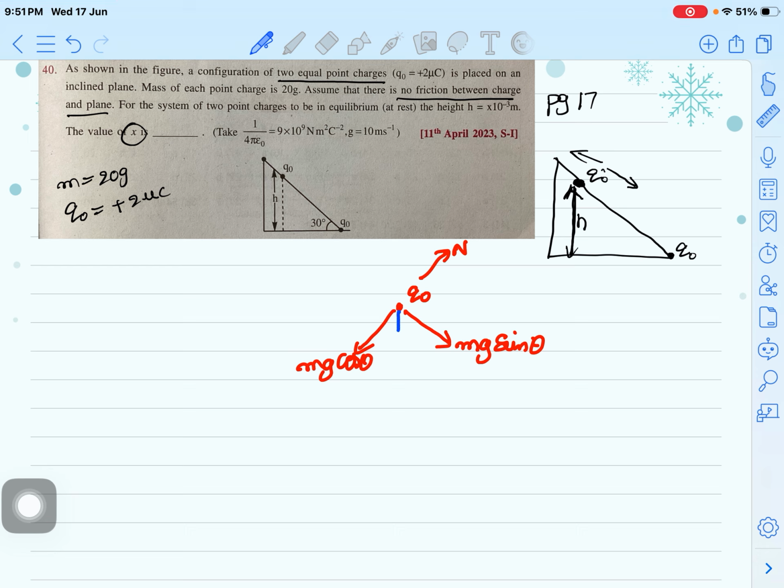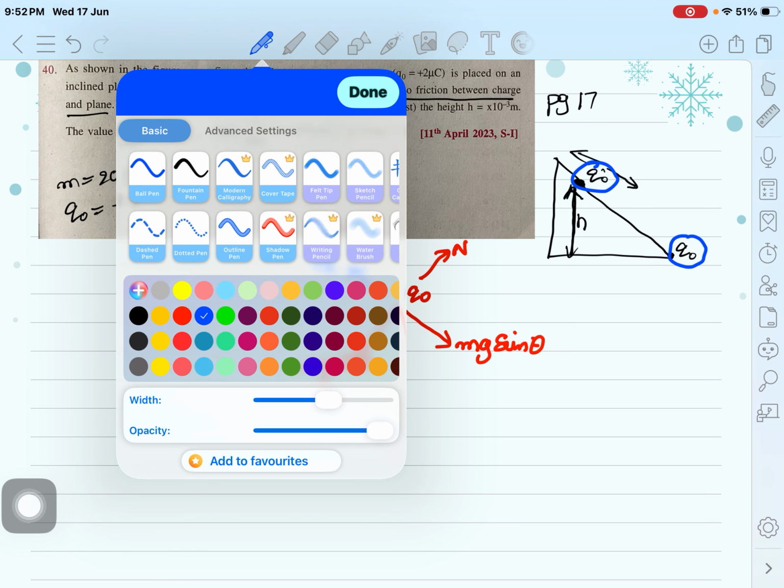Because of the lower charge Q naught, it will also experience a repulsive force. That repulsive force is along the inclined plane, in the upward direction. That is the electrostatic repulsive force.